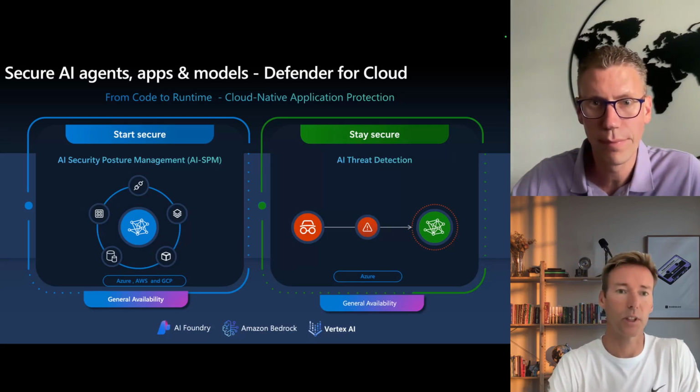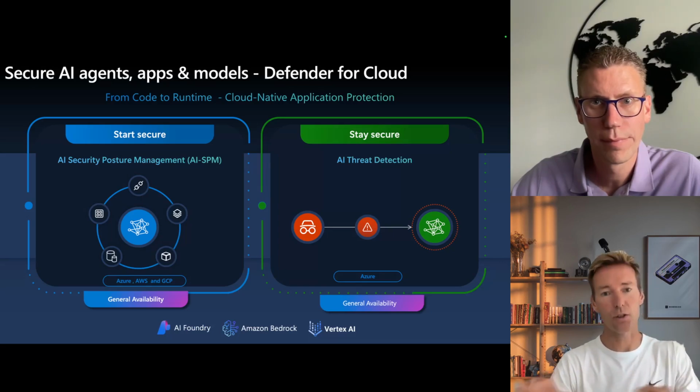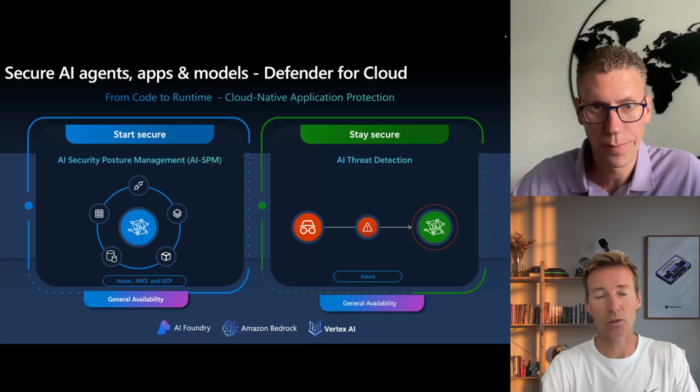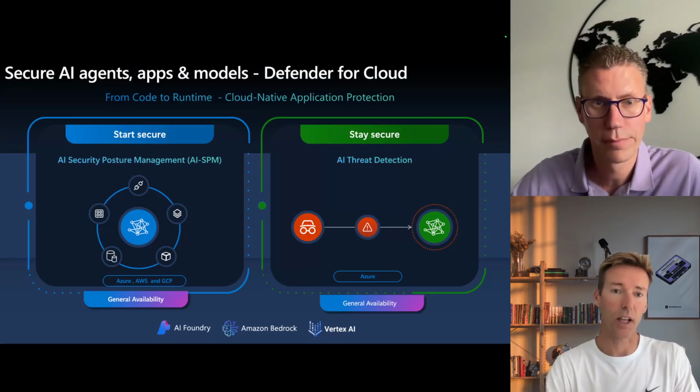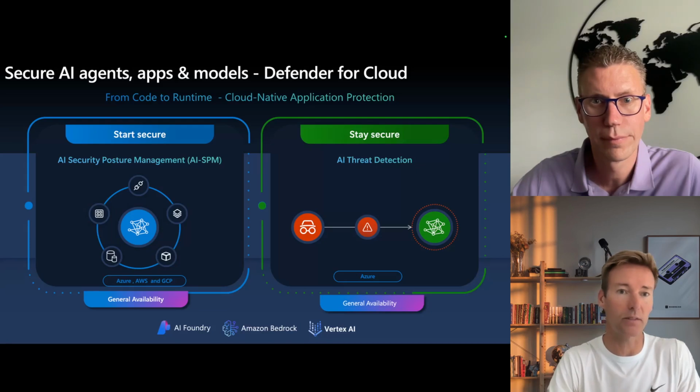And when we are talking about starting secure, if you think about the first slide that I showed you, the little four pillars, then DevOps or SecDevOps was a major part of it. And so the same with AI applications, they are delivered through code to the cloud, but they can also be developed with solutions such as AI Foundry, Amazon Bedrock, or Vertex AI.